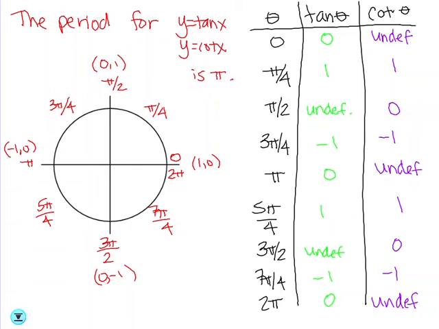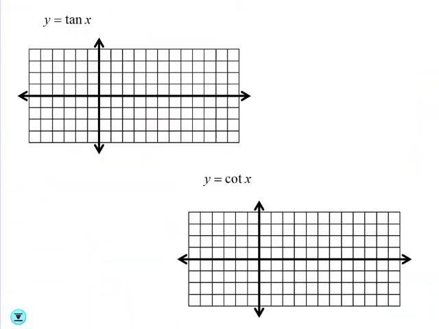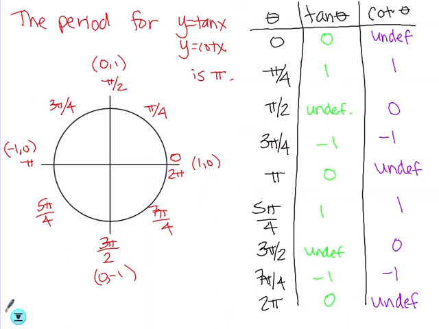So let's take a look at the graphs. We are going to label our axes the same way that we did for sine and cosine. Now, if you look back at the t-chart that we created on the previous slide, we are going to graph those points, remembering that any time it says undefined, that is a vertical asymptote.